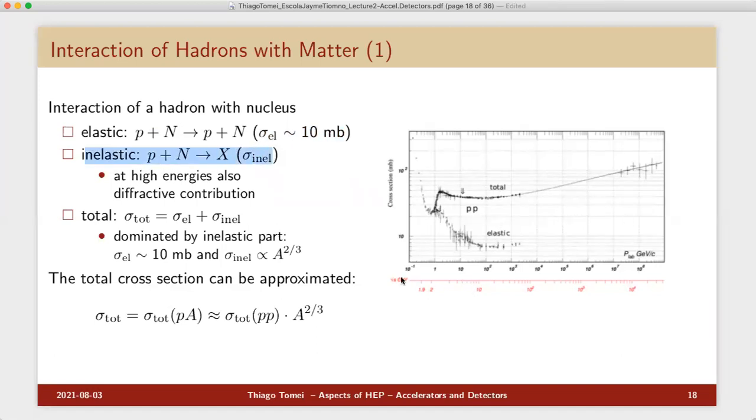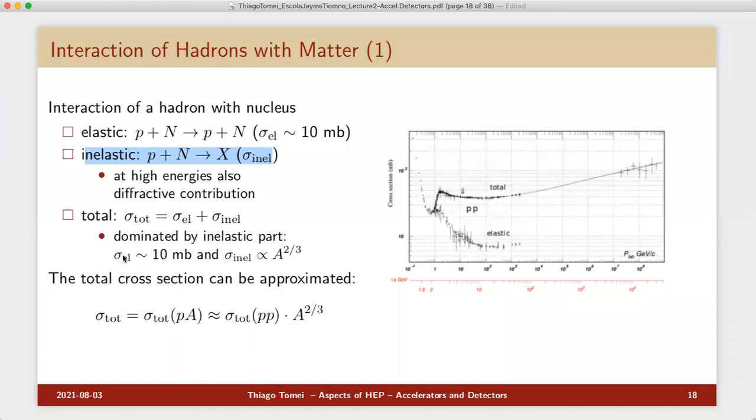You can see here, as a function of the center of mass energy of the system, the total cross-section of proton-proton and the elastic cross-section. And you see that the elastic here is much smaller. At high energies, there's also something called diffraction, but I'm not going to talk about it.